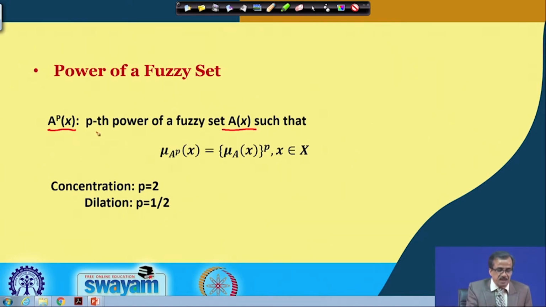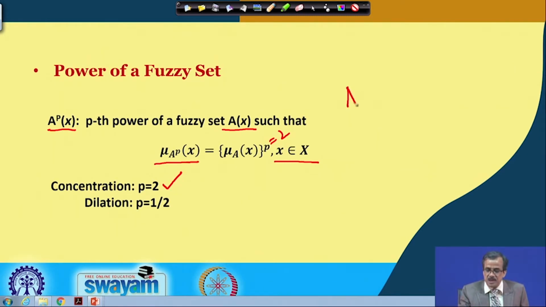The moment we consider the pth power of the fuzzy set A(x), it will have the membership value denoted by mu_A^p(x), and mu_A^p(x) is nothing but mu_A(x) raised to the power p, where p is the power and small x belongs to the universe of discourse, the capital X. Now, if I set p equal to 2, this is known as the concentration of a fuzzy set.